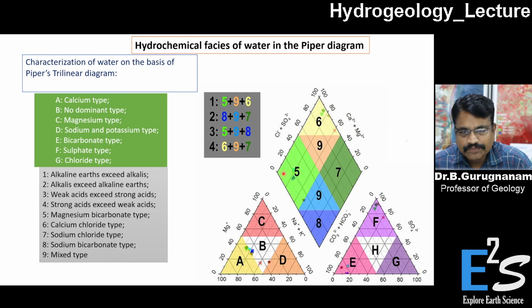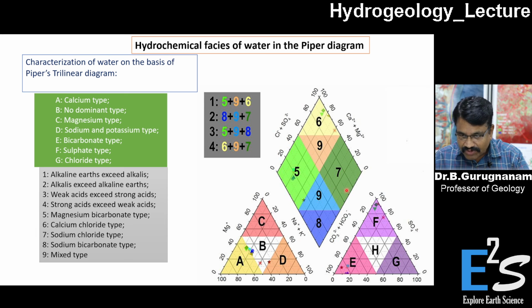What is 1? If my sample falls here, alkaline earths exceed alkalis. If my sample falls here, alkalis exceed alkaline earths. Now these two things we will have to assess in terms of the alkaline group and alkali group of major rock types. If my sample falls in 3, weak acid exceeds strong acid.